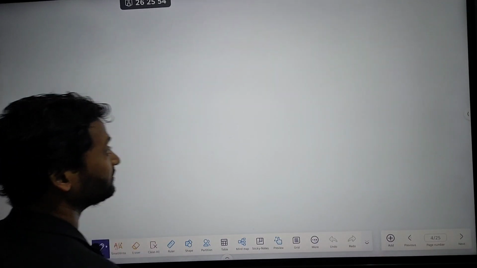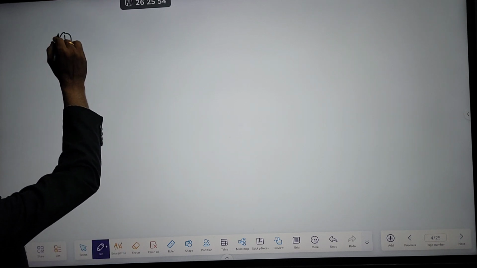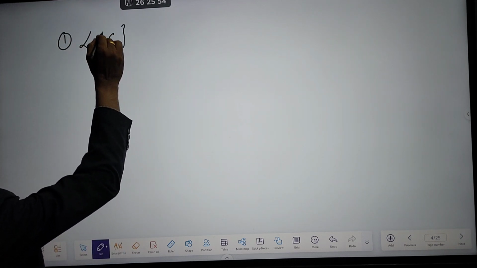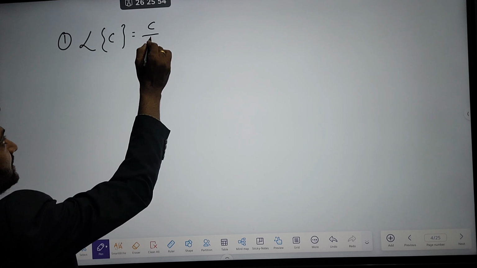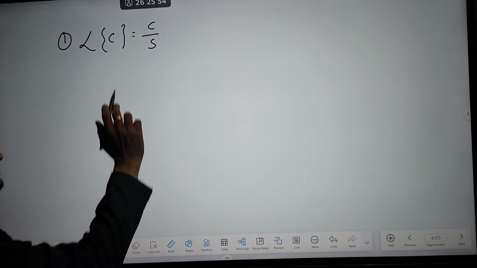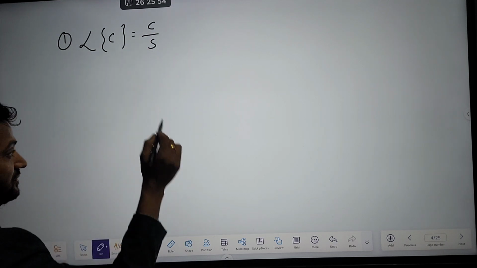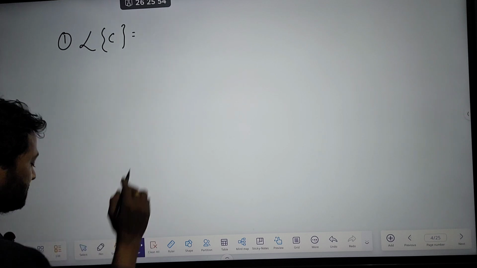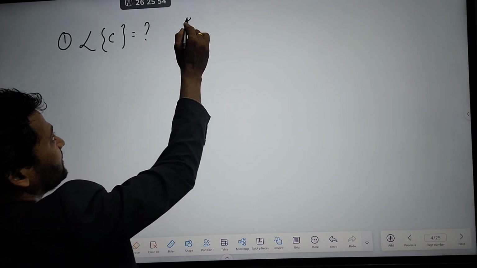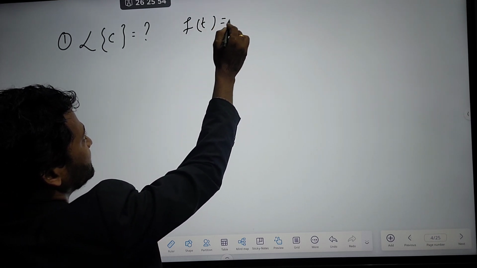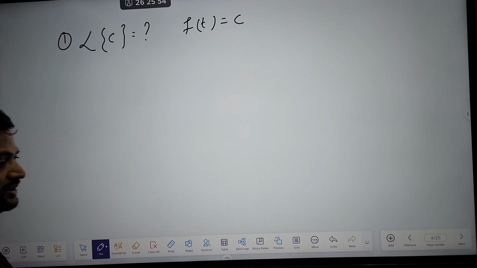So coming to the first formula, formula number 1, Laplace of constant. Laplace of constant is constant by s. So we'll derive this one. So here, what is the function? Let the function be your constant c. Okay. So what did I say?